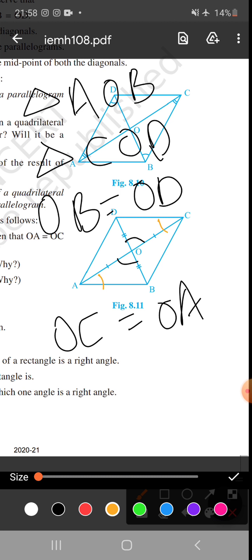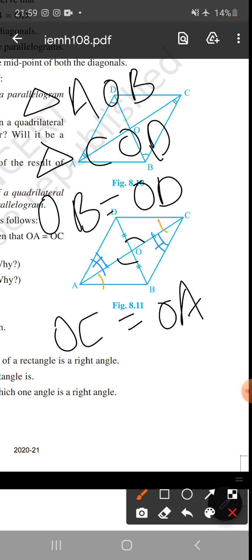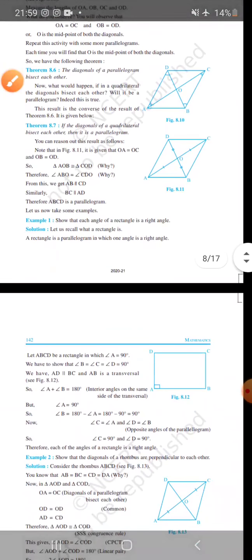In the same way, we can say this angle equals this angle. So if BC and DA are the two lines which are intersected by transversal AC, and these two angles are equal, then BC and AD will also be parallel. So as opposite sides are parallel, we can say that the given quadrilateral is a parallelogram. In the next lecture we will discuss some of the questions.